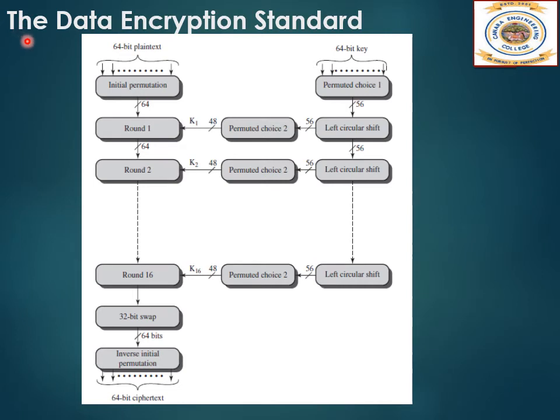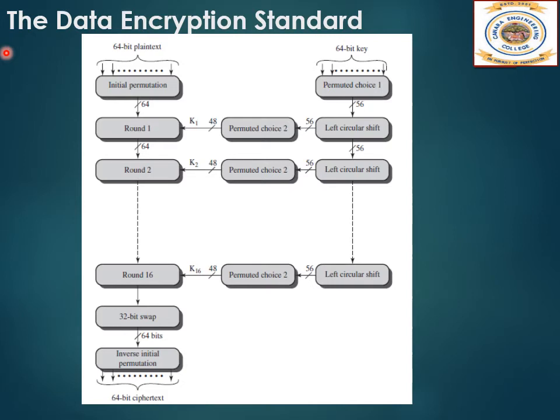Now let us learn about the Data Encryption Standard. The most widely used encryption scheme is based on the Data Encryption Standard, DES, adopted in 1977 by the National Bureau of Standards, now the National Institute of Standards and Technology, NIST, as Federal Information Processing Standard 46.